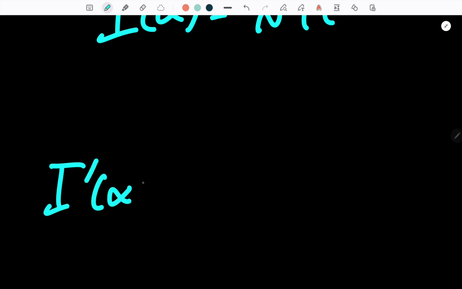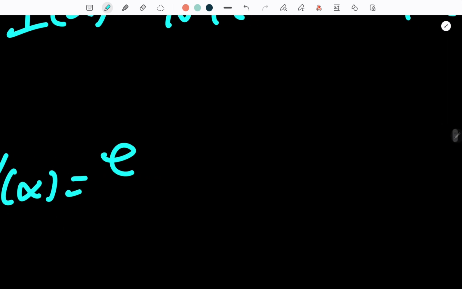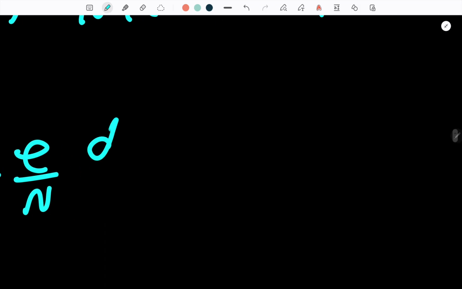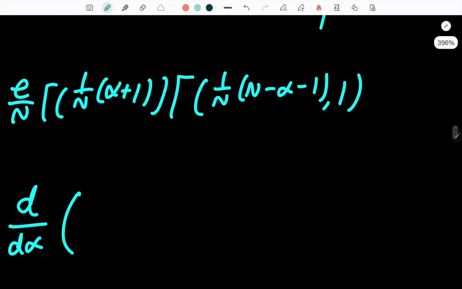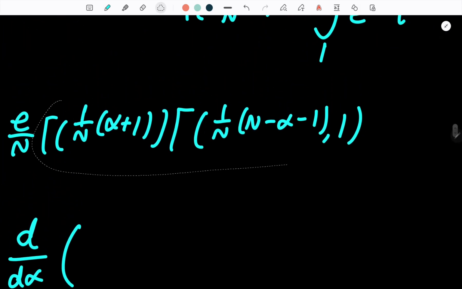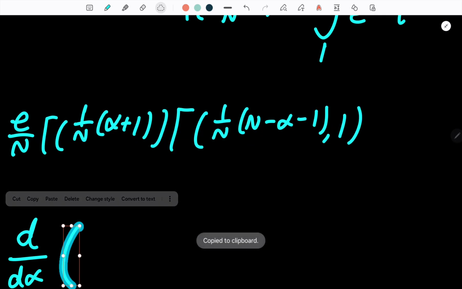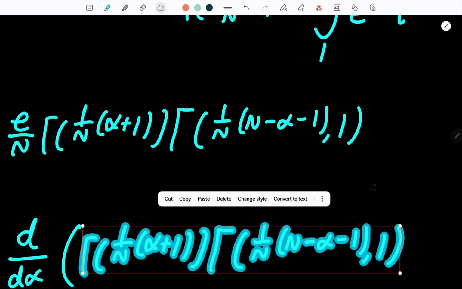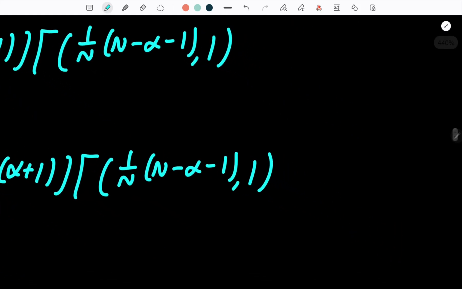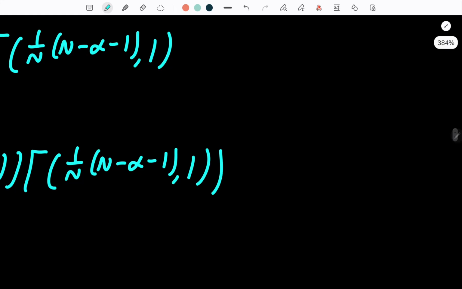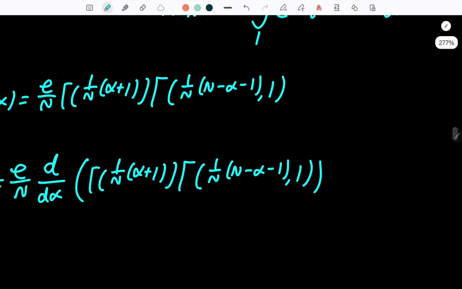So, I prime of alpha is going to be e over n times the derivative d alpha right there of this guy. Copy and paste. Perfect. Okay. Alright. Here we are. Now, we need the product rule and the chain rule for this derivative.